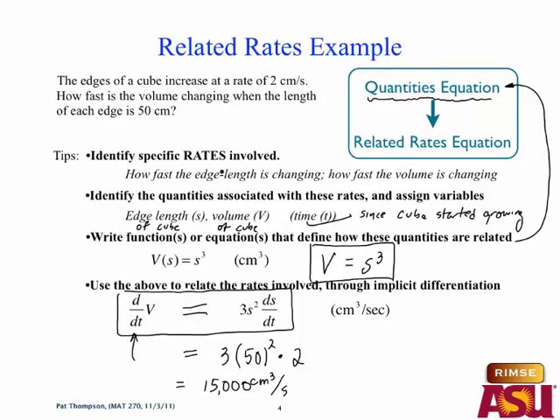So if you start by identifying the rates, then you've got the quantities for those rates, and then you can write the equation of the quantities. And then you're going to use our new technique of implicit differentiation with respect to t now, or whatever they're talking about, to get the related rates equation, right? This is a new thing for us. It's an equation that has more than one rate in it. So it's called related rates.